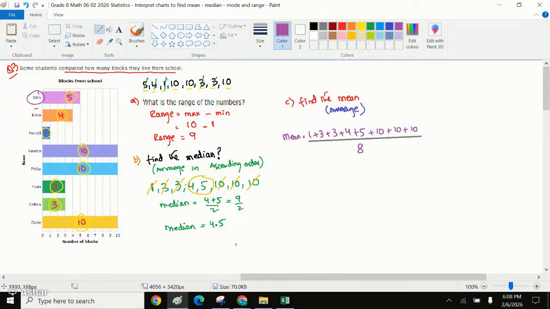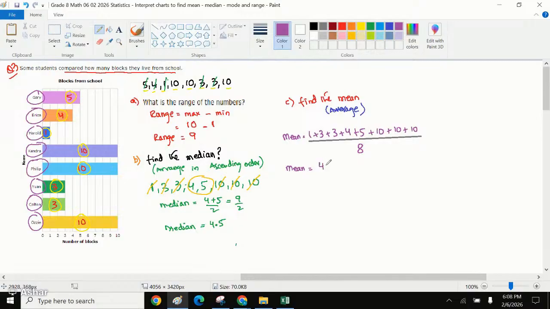Because these are 8 students. So let's add these numbers together. 1 plus 3, 4, 4 plus 3, 7, 7 plus 4, 11, 11 plus 5, 16, 16 plus 10, 26 plus 10 is 36 plus 10 is 46.